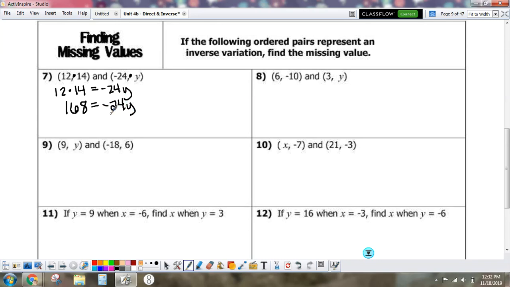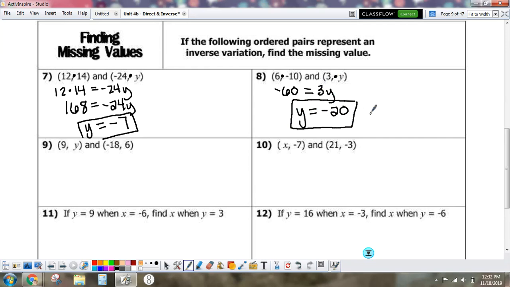Divide both sides by -24, and y ends up being -7. So it's super easy. You just multiply and divide. Now I'm going to multiply these two. 6 times -10 is -60. 3 times y is 3y. Divide both sides by 3, and you get y is equal to -20.